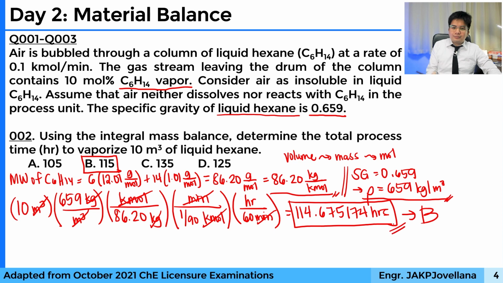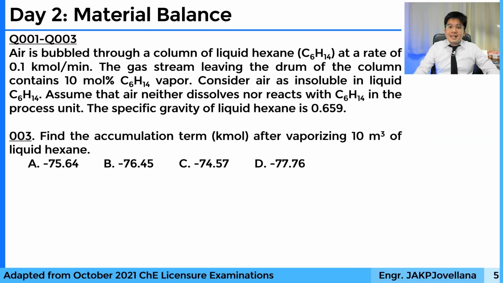We will still use this value in the next problem so we can store this to our calculator. And lastly, for question number 3, find the accumulation term in kilomoles after vaporizing 10 cubic meters of liquid hexane.